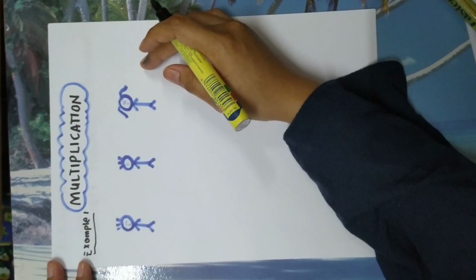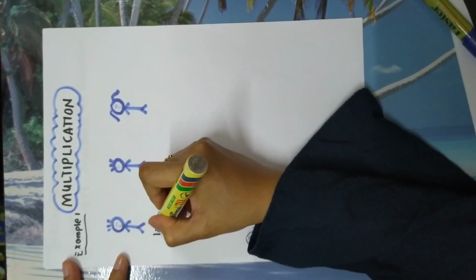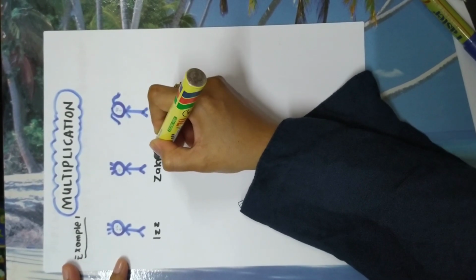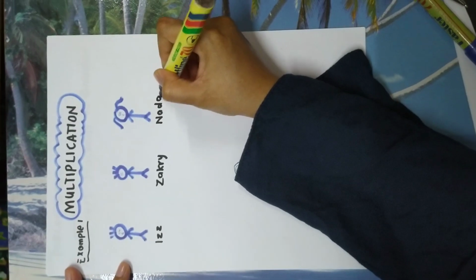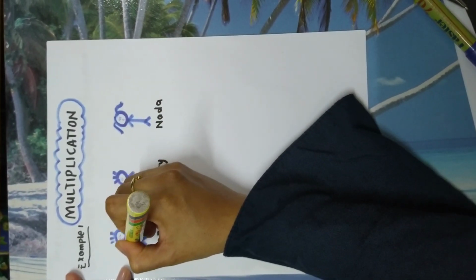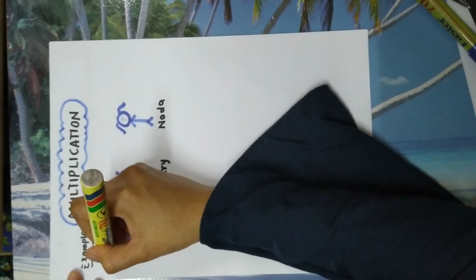Okay, for example number 1. We have Is here. We have Zakri here. And then we have Nada here. Okay, 3 persons here. 1 person has 2 balloons.